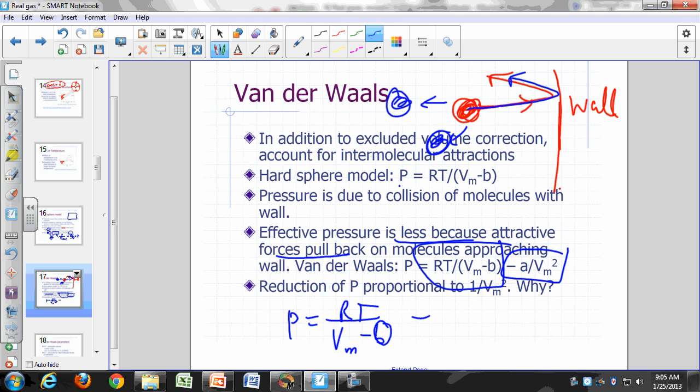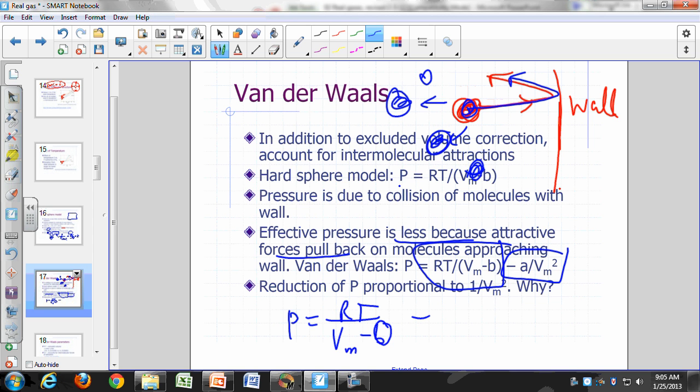What affects this? What determines these attractive forces? Well, it depends on what molecules you have. What's the nature of the molecule? And it depends on the concentration. How many other molecules are affecting this molecule, right? So it depends on how many other molecules are affecting each molecule, and it also depends on how many molecules are affected.